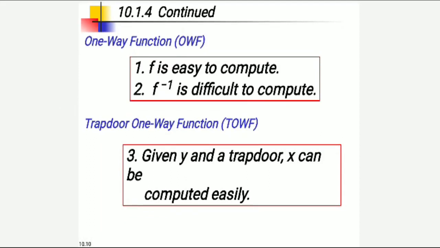So a trapdoor is a hint to solve any inverse function. In mathematical terms, if f is a trapdoor function, then there exists some secret information a such that given f(x) and a, it is easy to compute x.